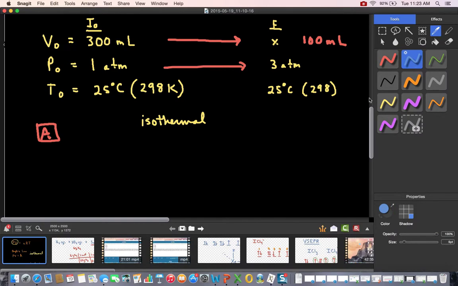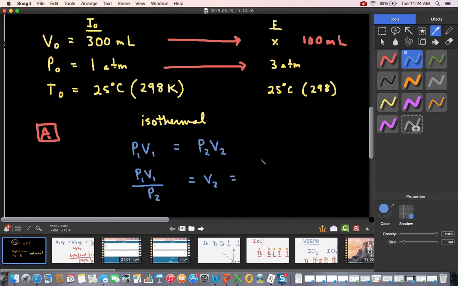If your brain doesn't operate in that sphere, then simply use P1V1 equals P2V2. V2 will be equal to P1V1 divided by P2.